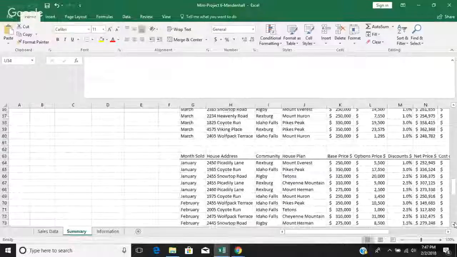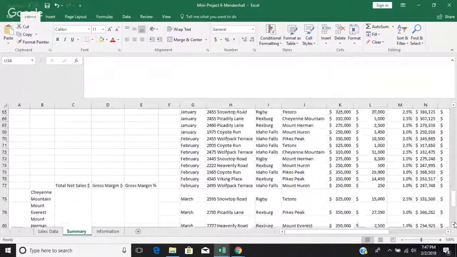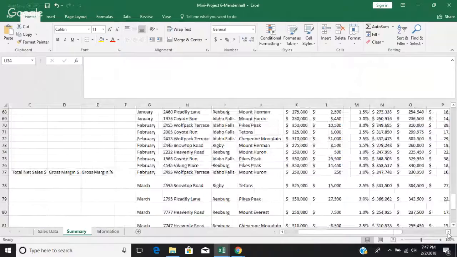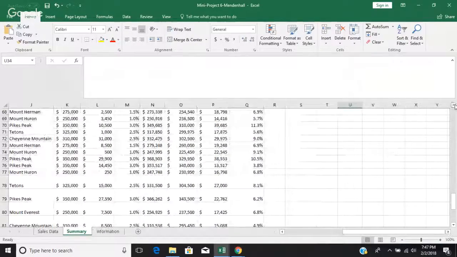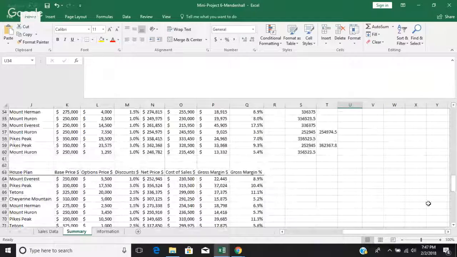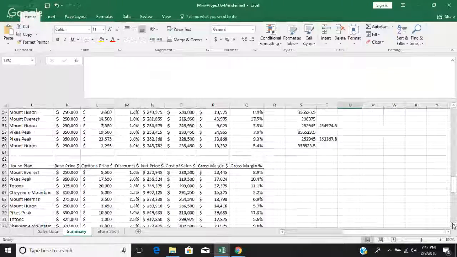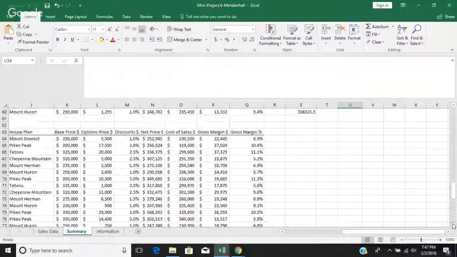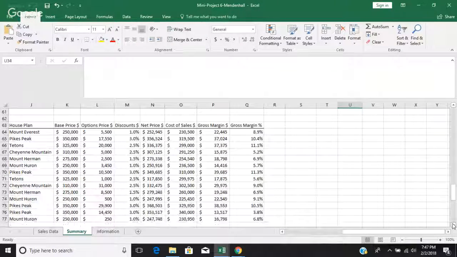And then down here is my other table, and here's what we need for Cheyenne Mountain, Mount Everest, Mount Herman. I made my table over here, and I think my plan was, did I get to this yet? Nope, I didn't get to this one yet. But I think we can do a VLOOKUP.